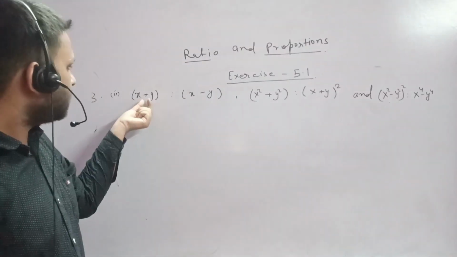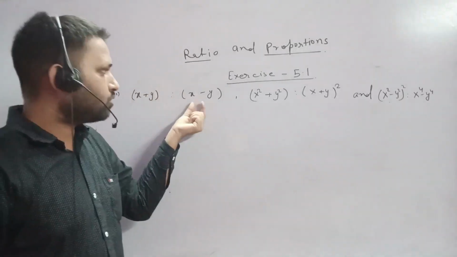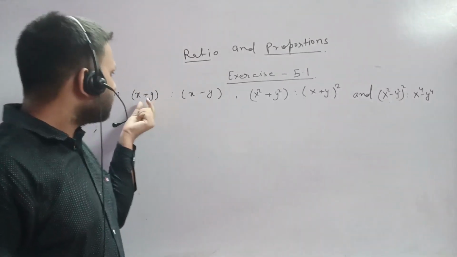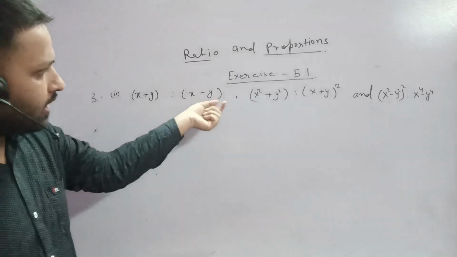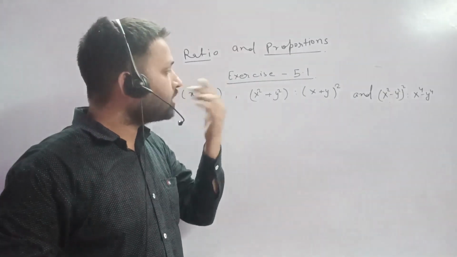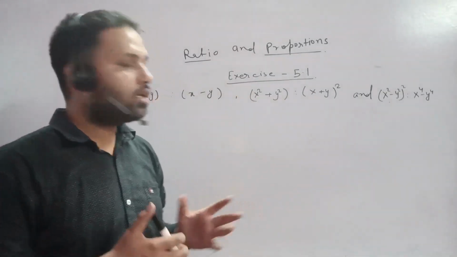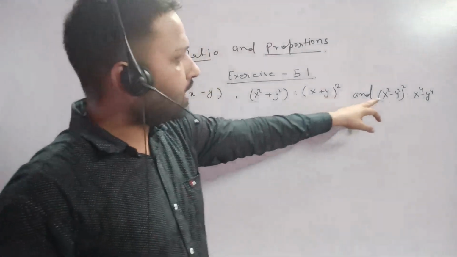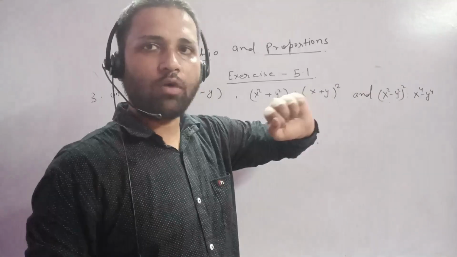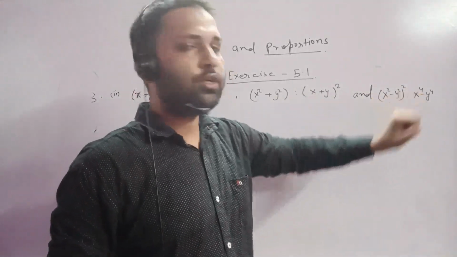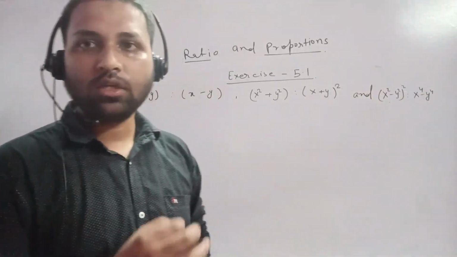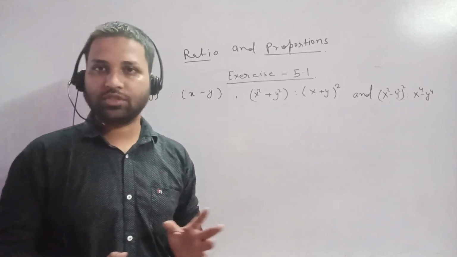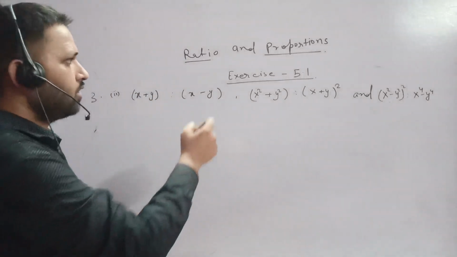First ratio is x plus y is to x minus y, second ratio is x square plus y square is to (x plus y) whole square, and third is (x square minus y square) whole square is to x to the power 4 minus y to the power 4.